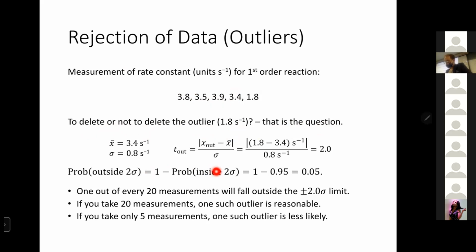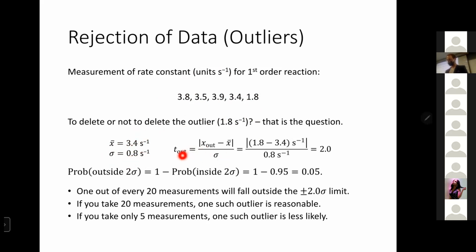And so in order to answer this question, we want to calculate how many standard deviations away from the mean is this outlier that we measured. So we can calculate based on all of the data that we took what is the average value and what is the standard deviation. So if you did that, you'd get 3.4 and 0.8.